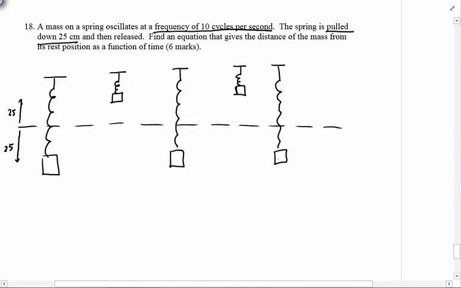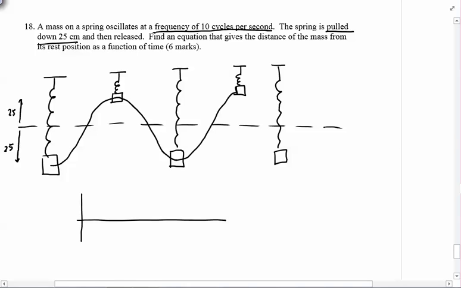Okay, so here I start at the bottom, I go up to the top, down to the bottom, and complete this pattern to infinity.